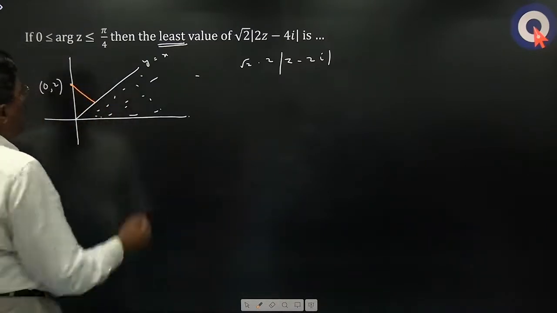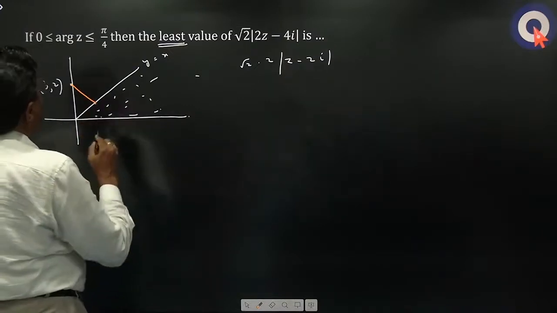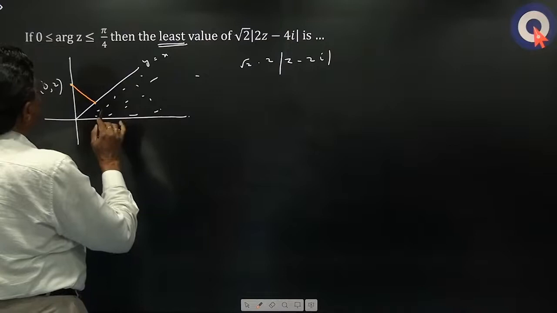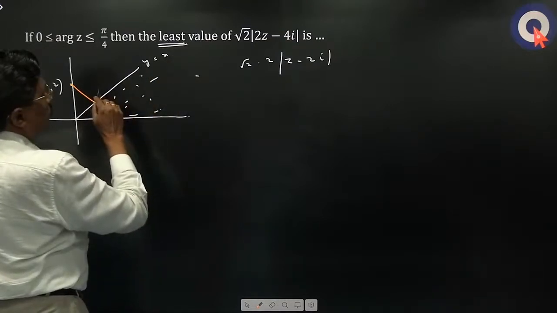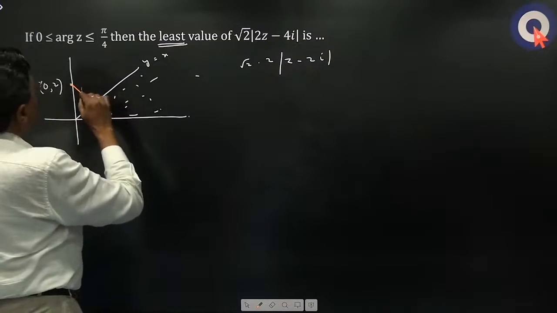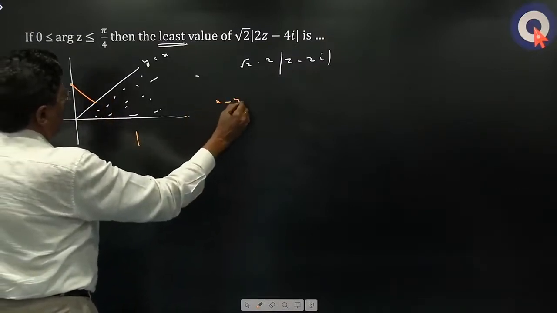So therefore, this is mod of x minus y is equal to 0, right?